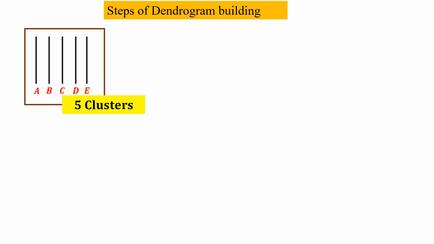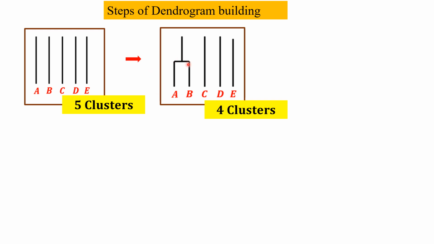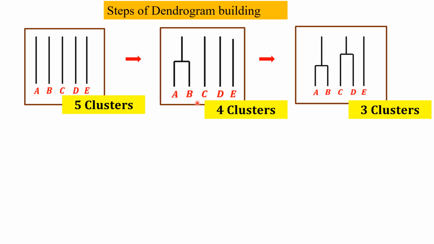Now the final steps we can go through quickly, because we left it at a step where there were 2 clusters that would be merged into 1 cluster. We will see all the steps of dendrogram building in this final slide. We started with 5 clusters. Then we merged AB to get 4 clusters. Further we merge CD, and we make this level because the joining was after this one.